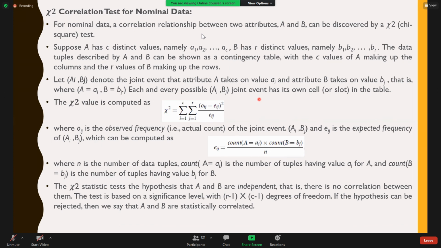The values in the bracket are the expected frequency, which is different from the observed frequency. Observed frequency is calculated from the input data, from the survey that we have conducted. The expected frequency is calculated based on the total possible values of each attribute.